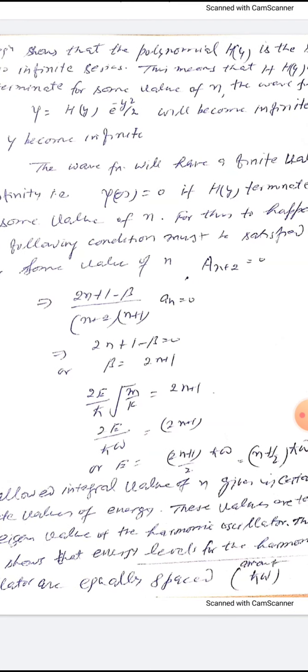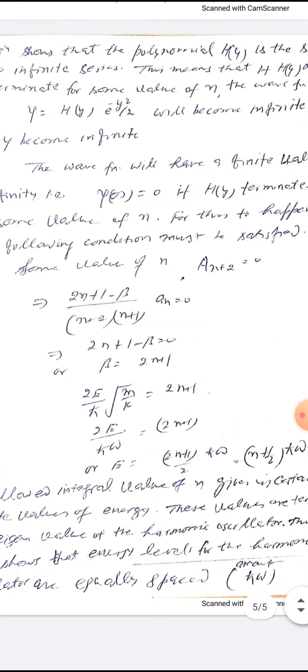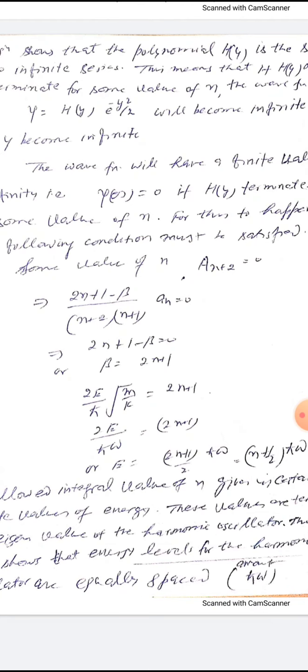Equation number 4 was a relation, that is the recurrence formula, connecting the coefficients of a_{n+2} and a_n. So you can directly write it down from there. So it becomes E equals (n+1/2) ħω.